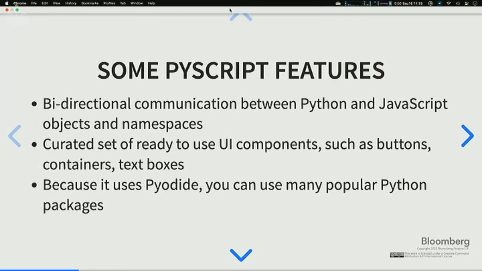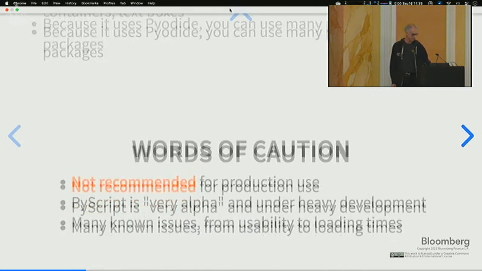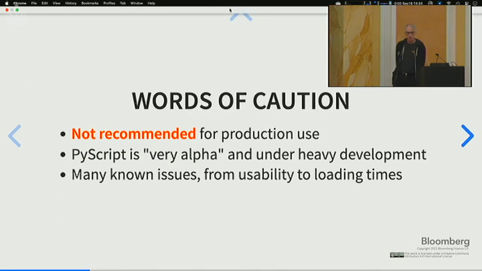Some of the features of PyScript itself: it allows bidirectional communication between Python and JavaScript for their objects and namespaces. It does provide a curated set of ready-to-use UI components, such as buttons, containers, text boxes. Because it uses Pyodide, you can use many popular Python libraries in your PyScript. One word, or maybe a few words of caution here.